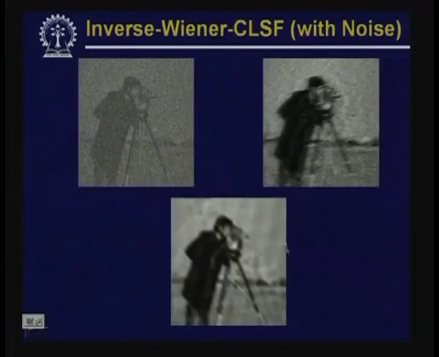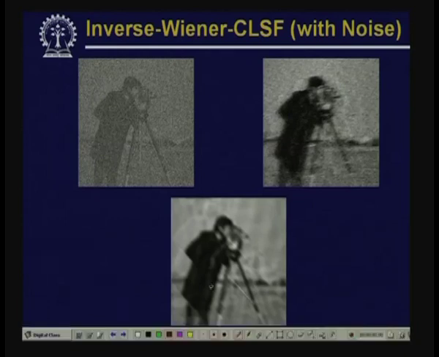Now, if you look at these three images, you find that the amount of noise is greatly reduced in the bottom one, that is this particular restored image, which has been obtained by the constant least square filtering approach. And as we said, the constant least square filtering approach makes use of the estimation of the mean of the noise and the standard deviation of the noise.